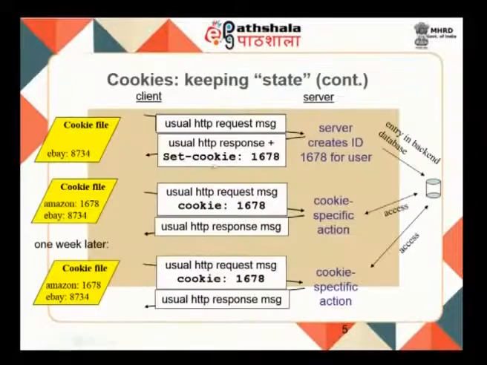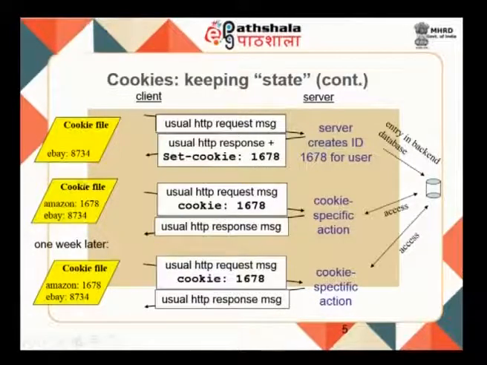So, it works like this. Let us say we have a cookie file maintained in the browser. It has one entry, some eBay 8734. Now, let us say a new request is being sent to some website, let us say Amazon.com. This is the first time this request is coming. So, the server creates an ID 1678 for this user, and when it sends back the usual HTTP response, in addition to that it sends the set-cookie information: Set-cookie: 1678.